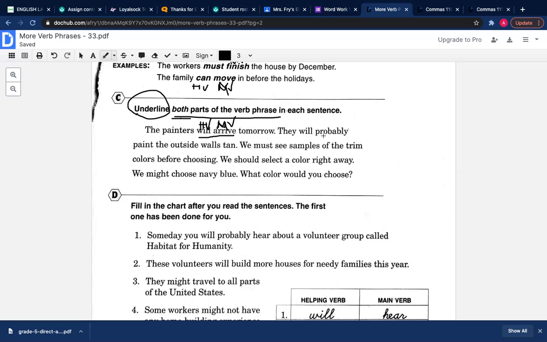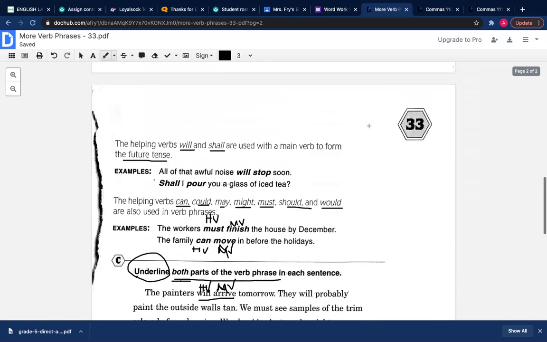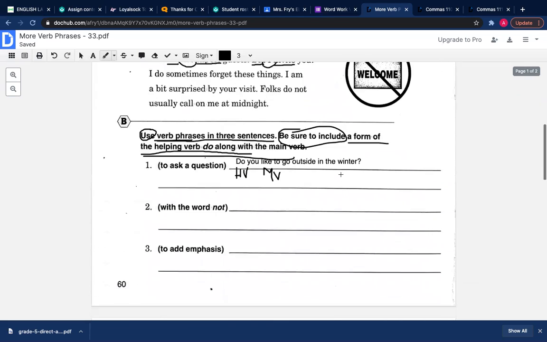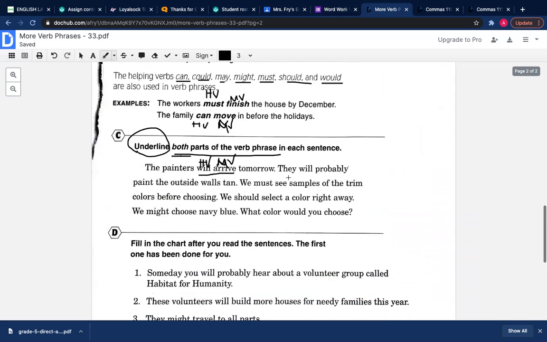It says they will probably paint the outside walls tan. Okay. In this one, just like in some of our examples before, sometimes there is a word that interrupts the phrase. Check this one out. They will probably paint the outside walls tan. Okay? Our subject is they. That's who's doing the action.